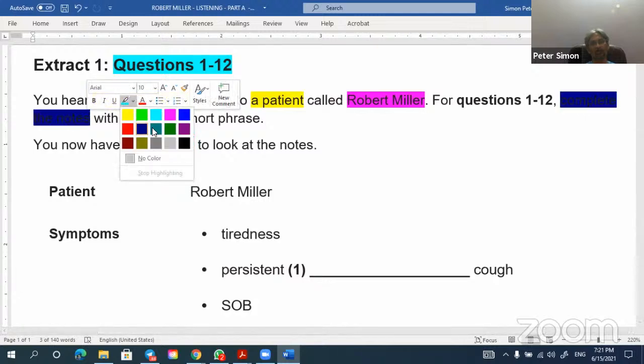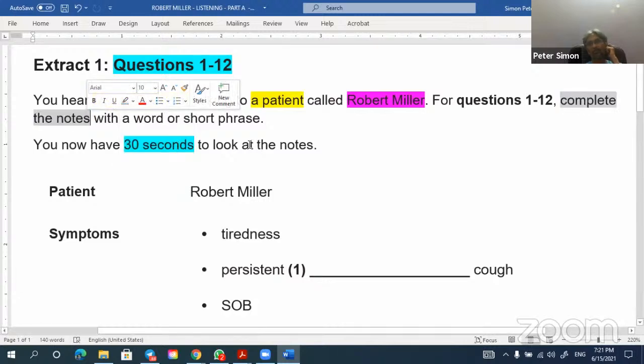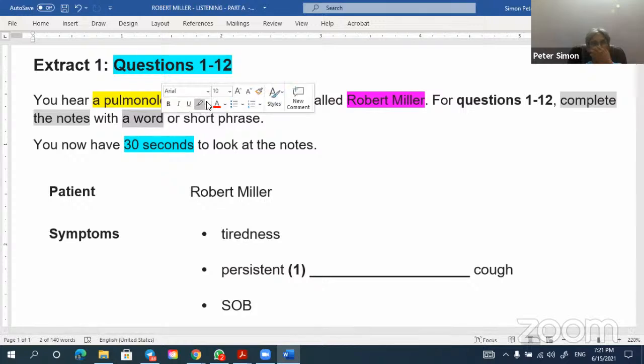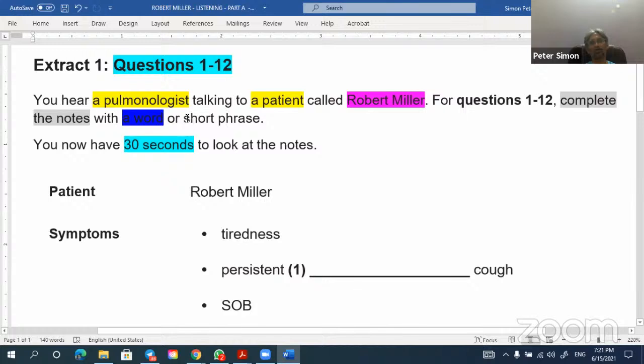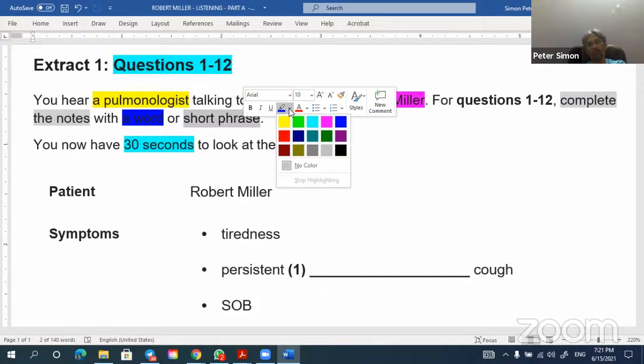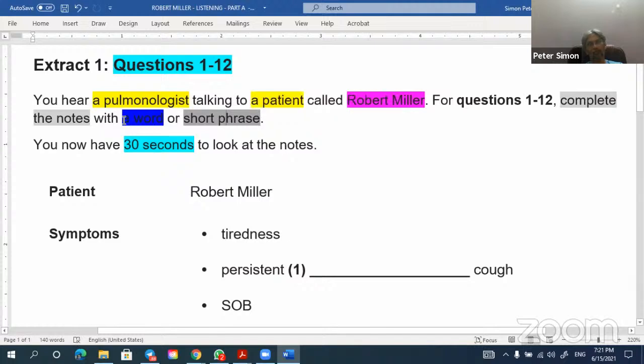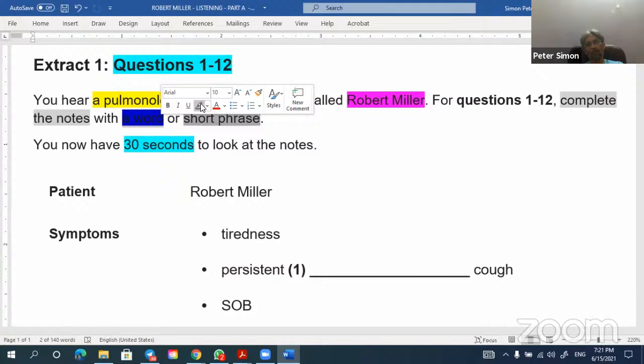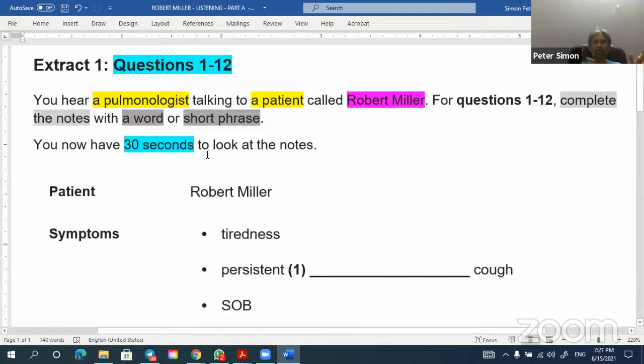So you have to use either a word or a short phrase. Okay, so let us think like that.